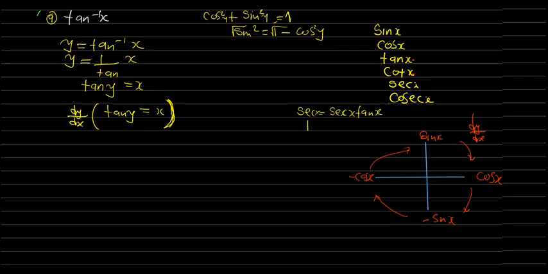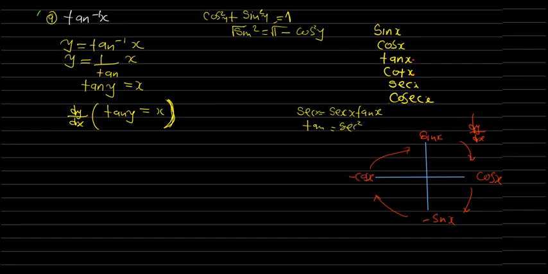Then the dy dx of tan x will just give you sec squared x. Also try to identify why they come like this. So from here, we arrange this, and we have already arranged it like that. So now we start differentiating.